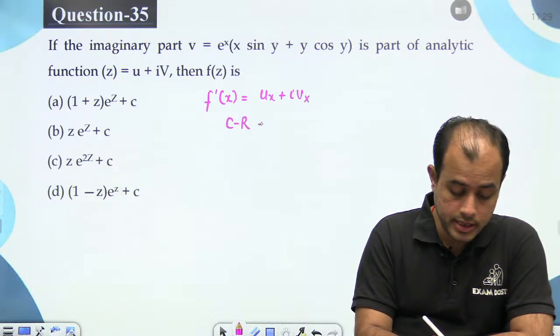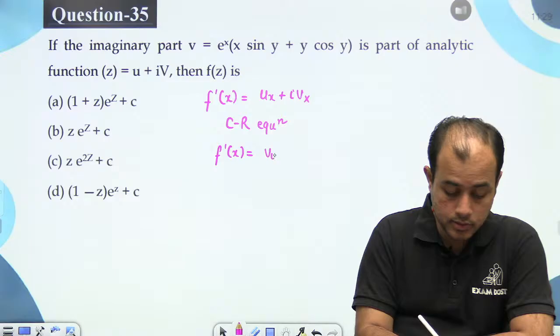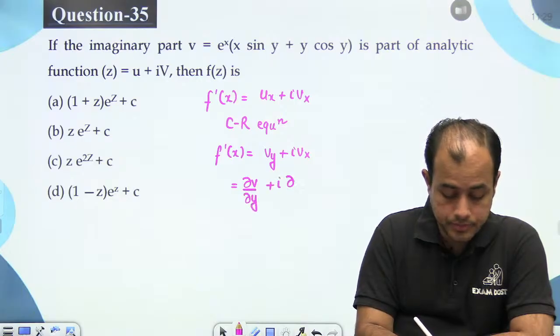Now by Cauchy-Riemann equation, ux is vy, vy means del v by del y.